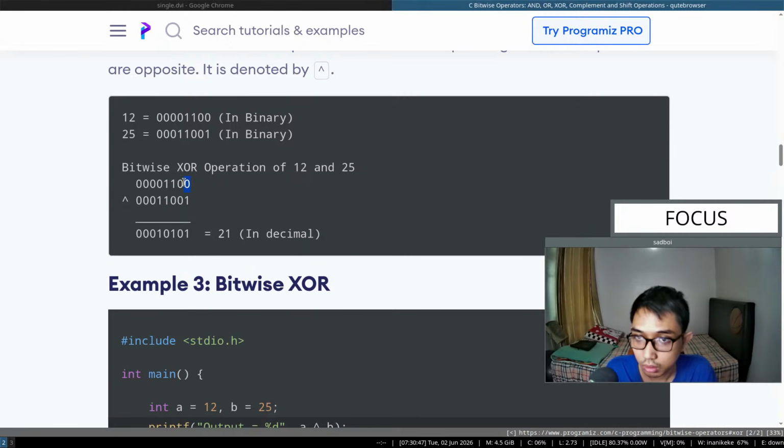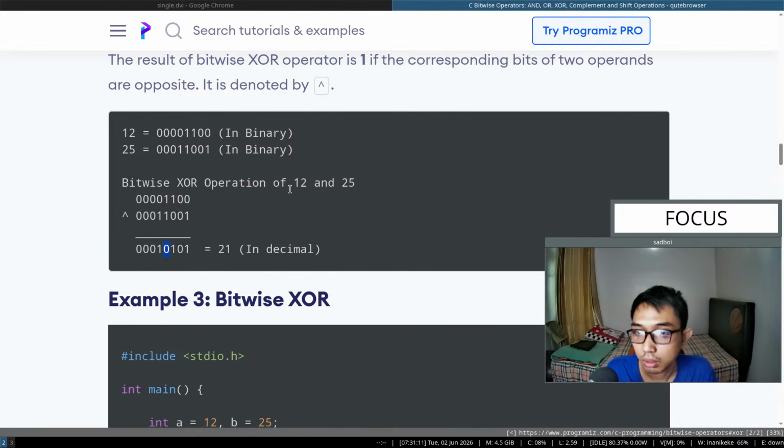Okay. 0 and 1 results in 1. If it is 0, 0, it is 0. And if it is 1 and 1, it is 0. Okay.